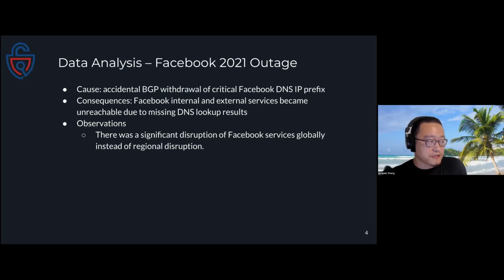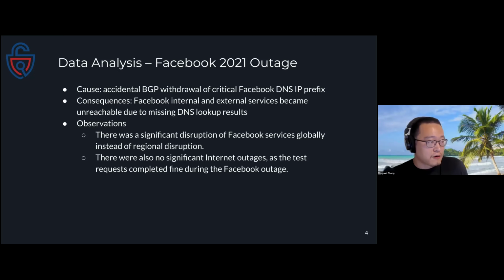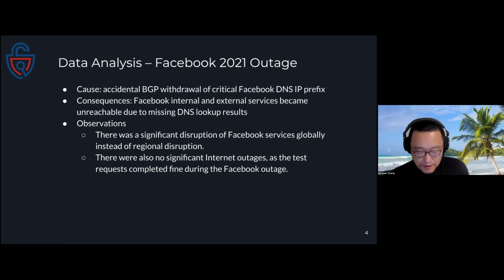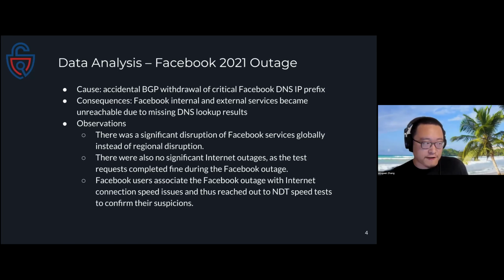The first is that there was a significant disruption of the Facebook services globally instead of a regional disruption. And there was no significant internet outage, as the requests of all or most of the NDT tests completed just fine. So it's limited to the Facebook services.